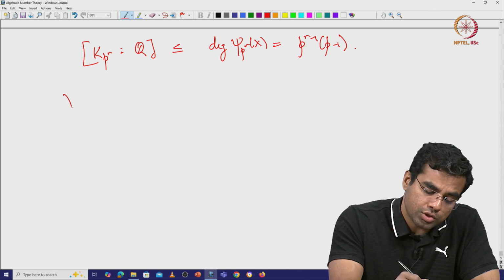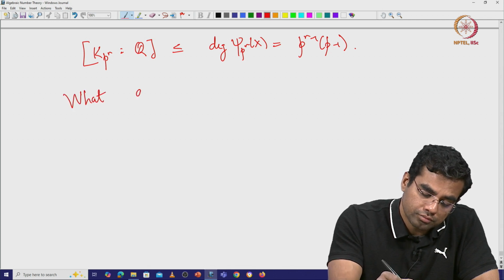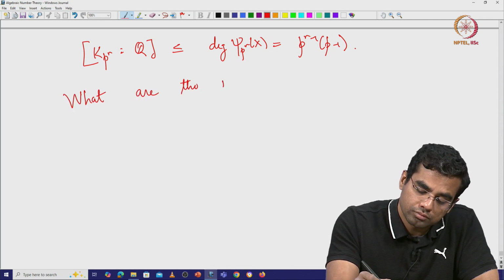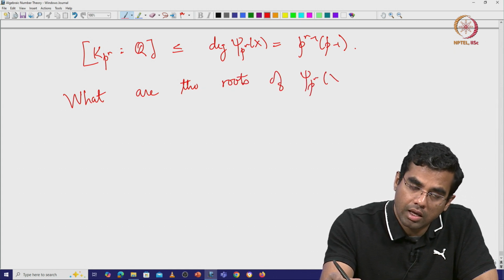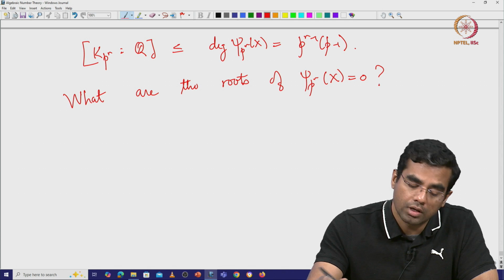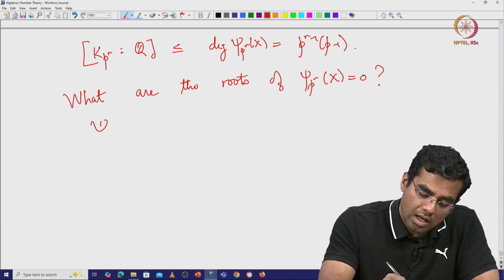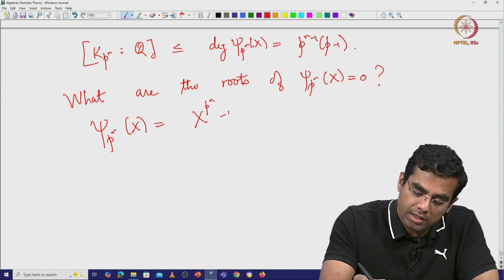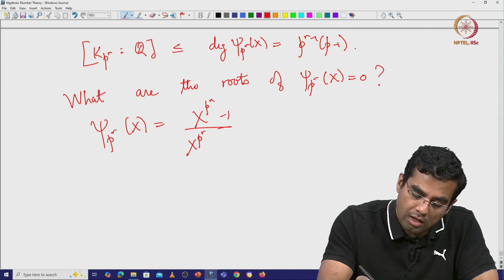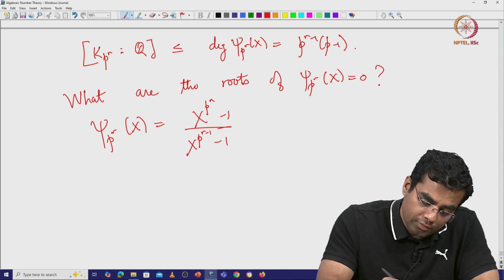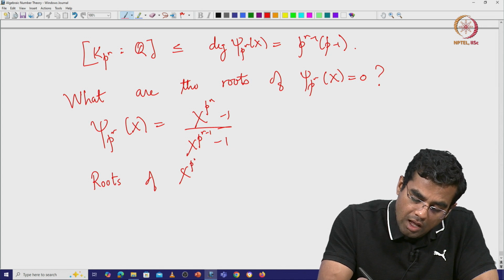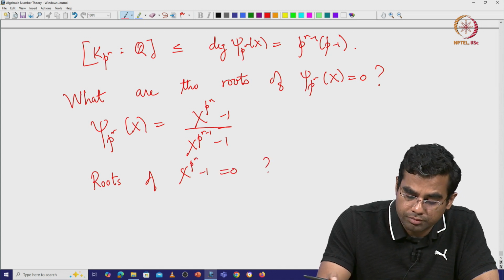Now, what are the roots of psi p to the r x equal to 0? We know that psi p to the r of x is x to the p to the r minus 1 over x to the p to the r minus 1 minus 1. And what are the roots of x to the p to the r minus 1 equal to 0?